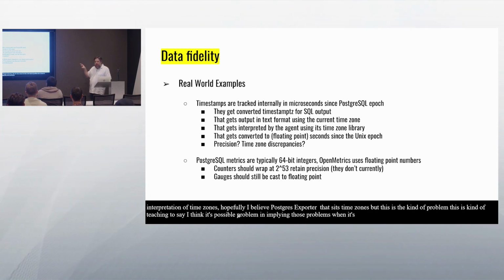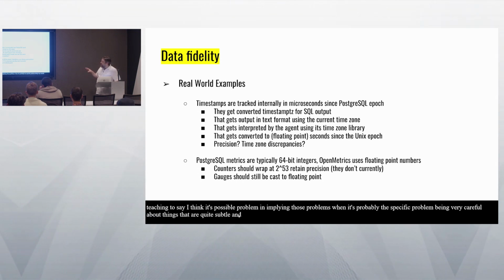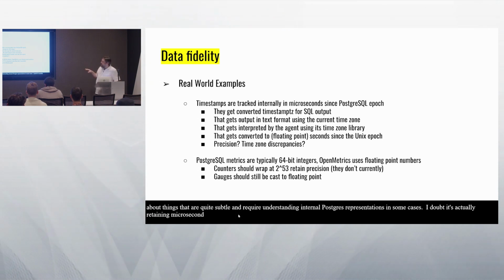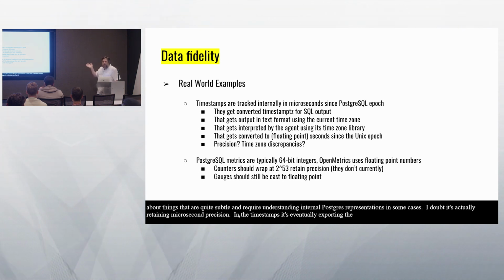But you're relying on Postgres exporter being very careful about things that are quite subtle and require understanding internal Postgres representations in some cases. I doubt it's actually retaining microsecond precision, for example, in the timestamps that it's eventually exporting as metrics. I don't believe it has any issues with time zones, but you could definitely see how easily there could be a problem.